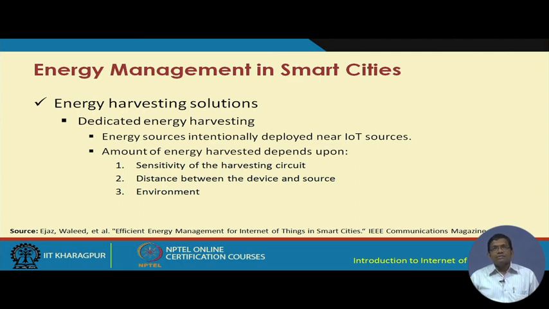The distance between the device and the source, the sensitivity of the harvesting circuit and the environment, these are contributors to determining the amount of energy that is harvested.